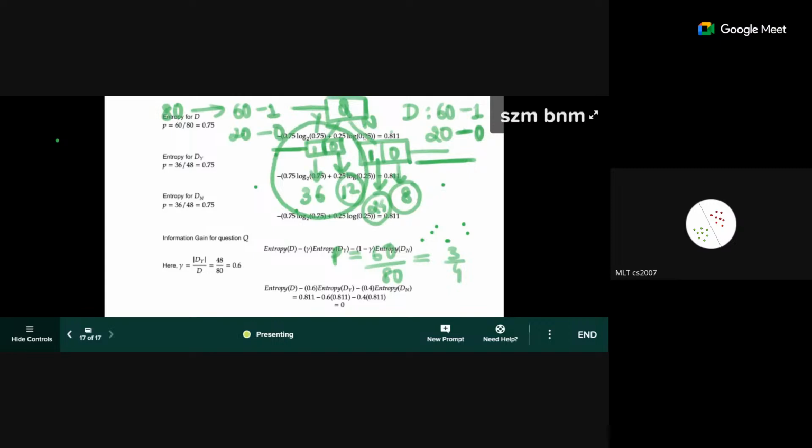So we found the entropy for D, which comes out to be 0.811. We find the entropy for DY, which turns out to be again 0.811, and the entropy for DN, which again turns out to be 0.811. So when you find the information gain, it is actually 0.